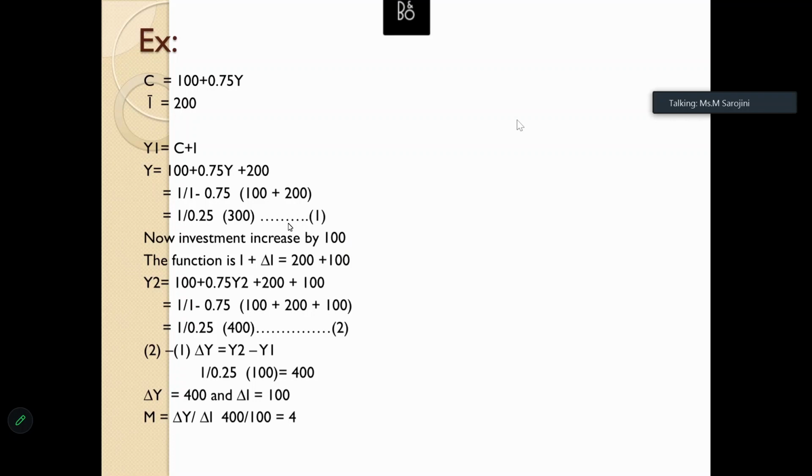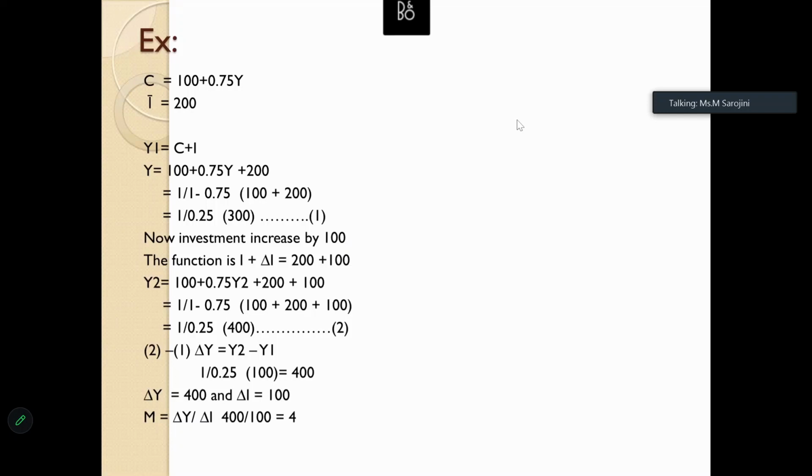Now the change means the investment is increased by 100. Therefore, the changed investment is equal to 300. Now we are substituting the change of the investment into our previous equation, adding the 100 of the change in investment, right?